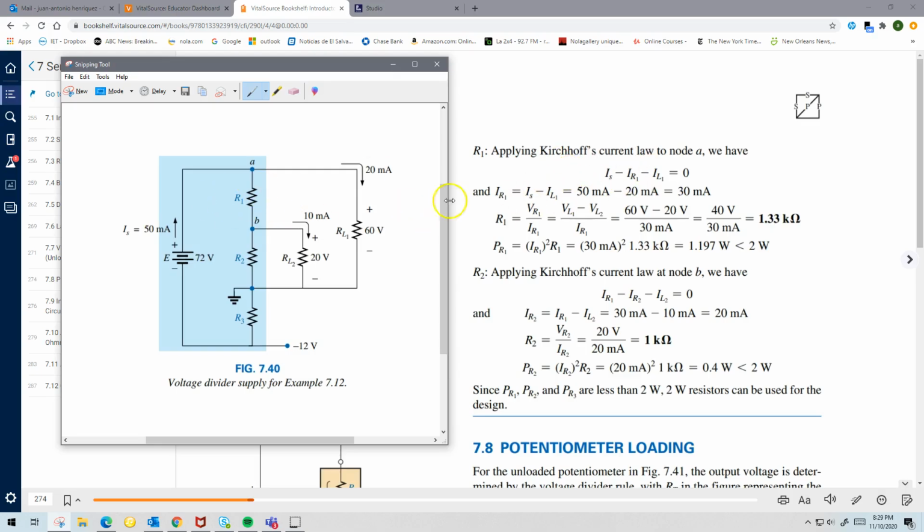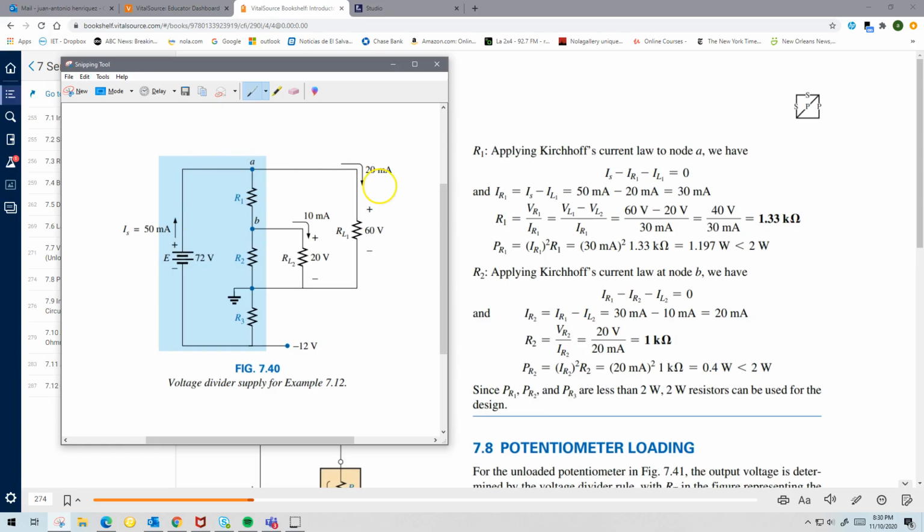As you can see, if I look at the currents coming in, which is IS, and add them to the currents, algebraically, remember from KCL, if I add them algebraically with the signs in place, coming in, I have 50. Coming out, I have IR1.